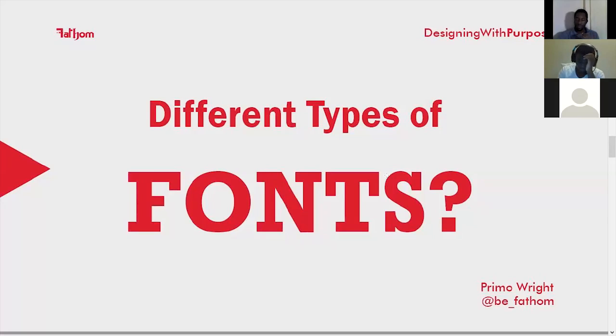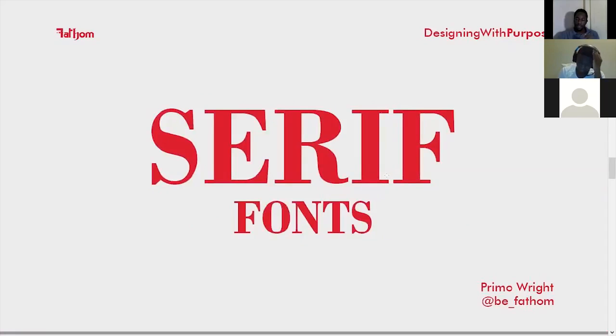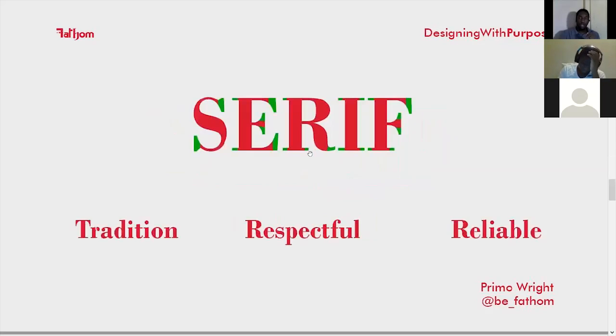The first type of font that you're going to come across, or you're probably seeing it right now, is the serif fonts. The serif fonts, these are actually the little strokes that you see at the ends of the letter forms. You see these little parts that are highlighted in green.